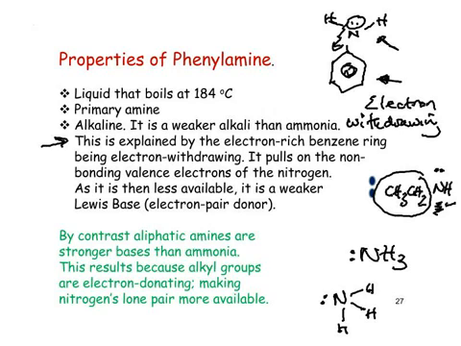Alkyl groups are electron donating, and if they're donating electrons towards that nitrogen, it is going to be more inclined to give up that non-bonding electron pair, and that explains why aliphatic amines are stronger than ammonia, and the bigger this alkyl group is, the better in terms of it making a somewhat stronger weak base.